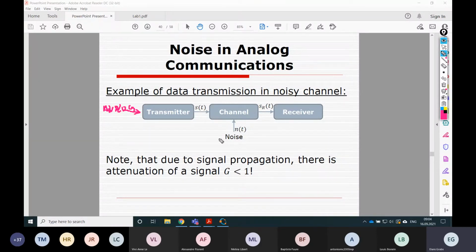Now the channel has noise, the additive white Gaussian noise, which we discussed already. Also, there is attenuation of the signal in the channel, because when the signal is propagating from point A to point B, it loses energy. So here we have energy 1 of the signal, here we have energy 2 of the signal, and we receive the signal much weaker.